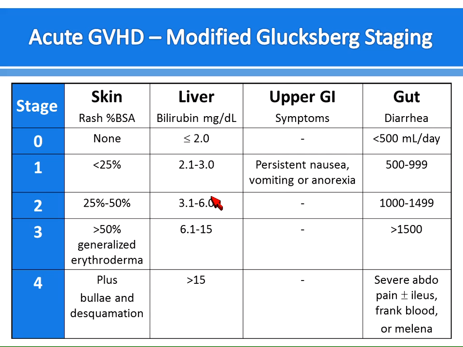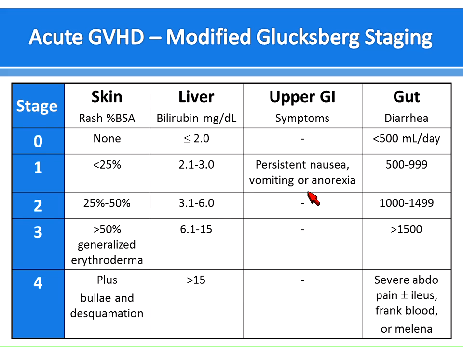In fact, at our center, the very severe grades of liver GVHD are only occurring at less than 1 or 2%. And so what we typically see is elevated transaminases, 300, 400, sometimes higher, before we even see an elevation in the bilirubin. So that's not taken into account with this classification, in contrast to the chronic GVHD classification schema that does look at liver enzyme abnormalities.